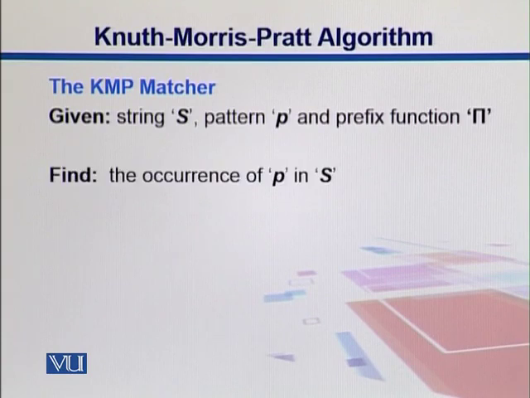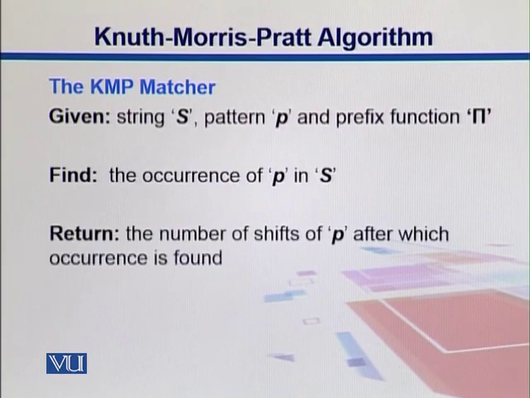What we are interested in is finding the occurrence of P in S, and this matcher returns the number of shifts of P after which the occurrence is found. With those many shifts we can calculate the exact location of the pattern within the text.